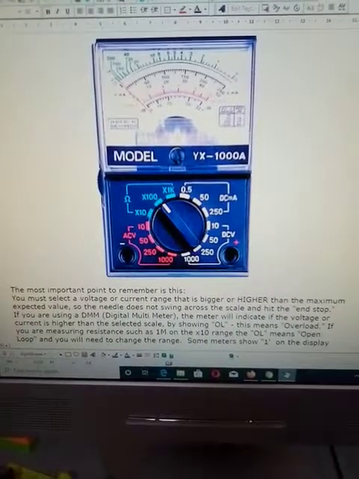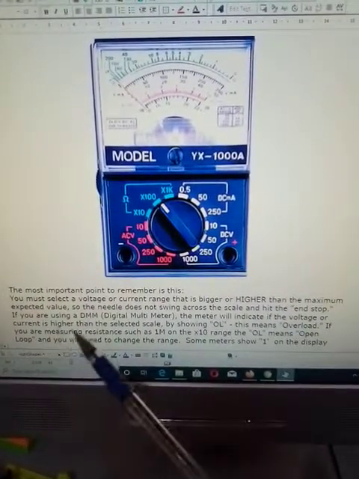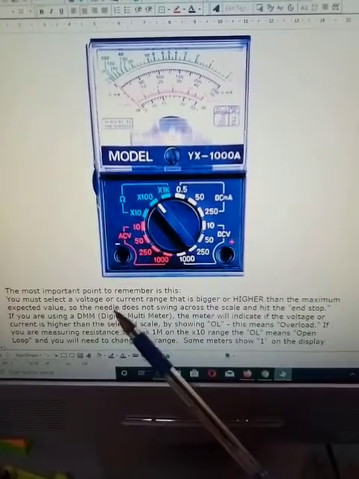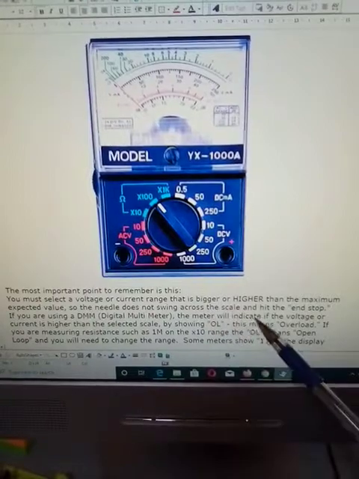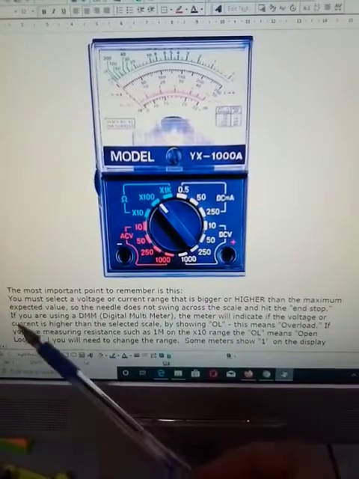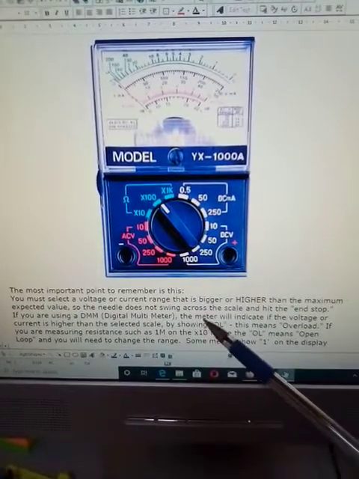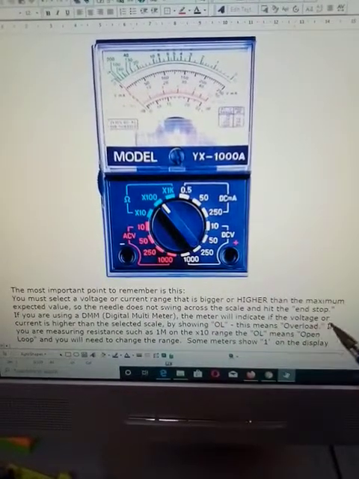Now the most important point to remember is this. You must select a voltage or current range that is bigger or higher than the maximum expected value, so the needle does not swing across the scale and hit the end stop.